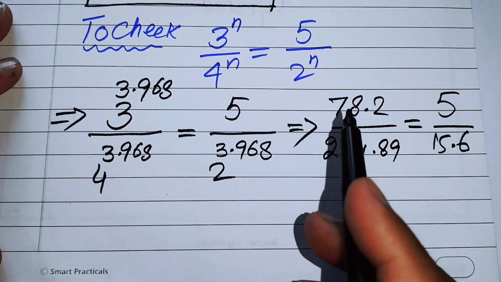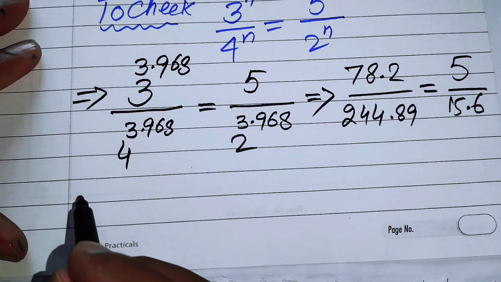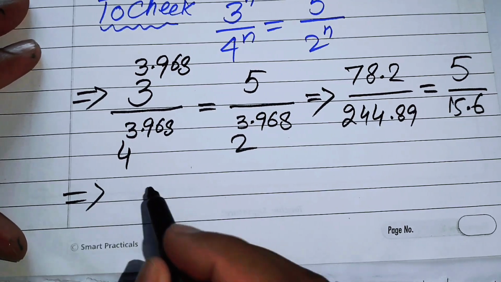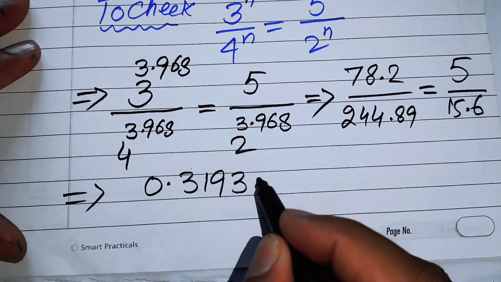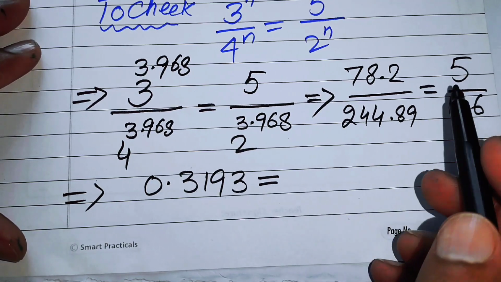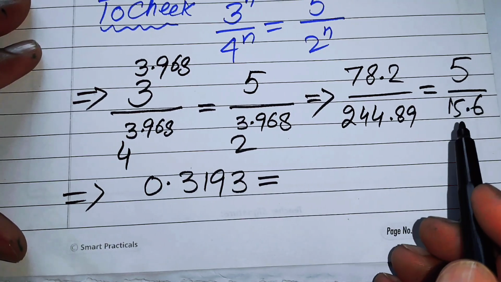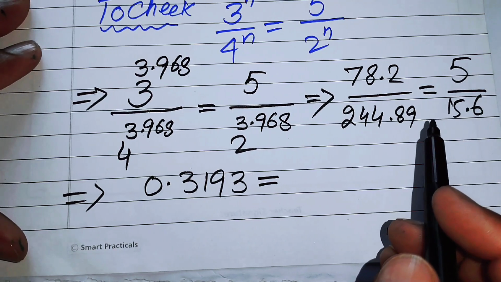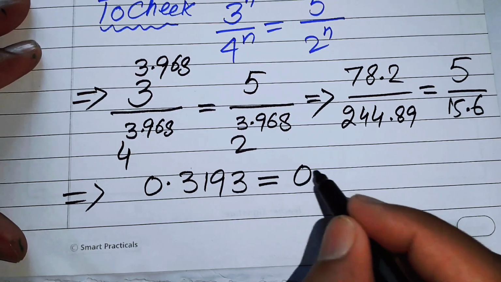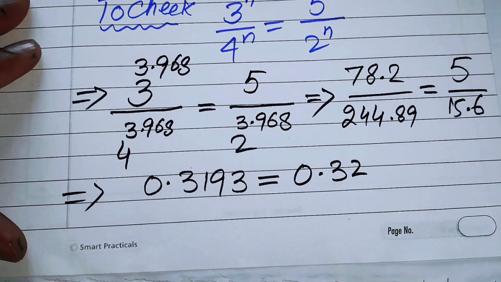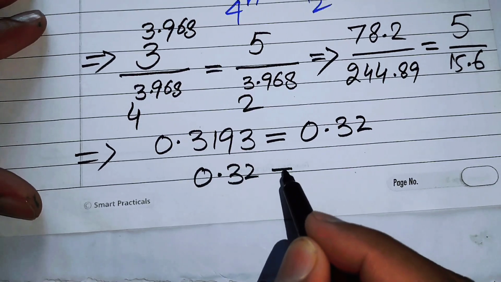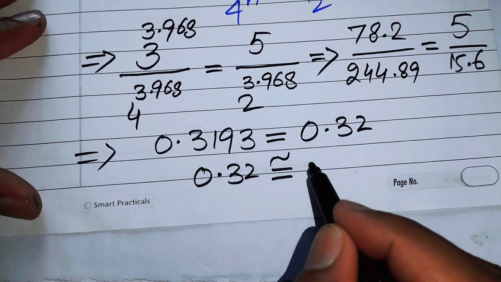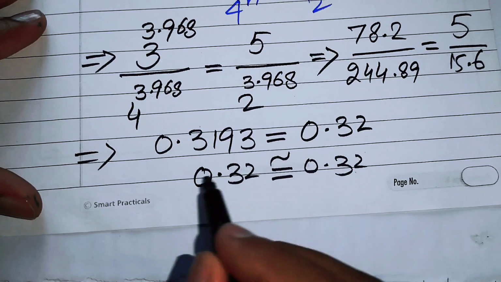Now you can divide these two terms and you get 0.3193, and on the right hand side when you divide 5 by 15.6 you get 0.32. So you can approximately write this as 0.32 is equal to 0.32.